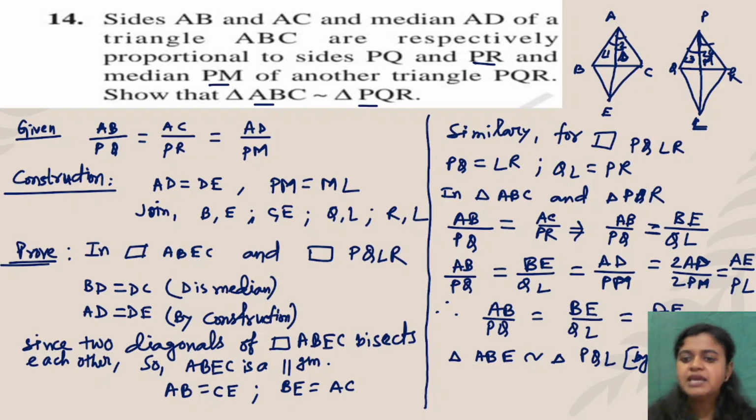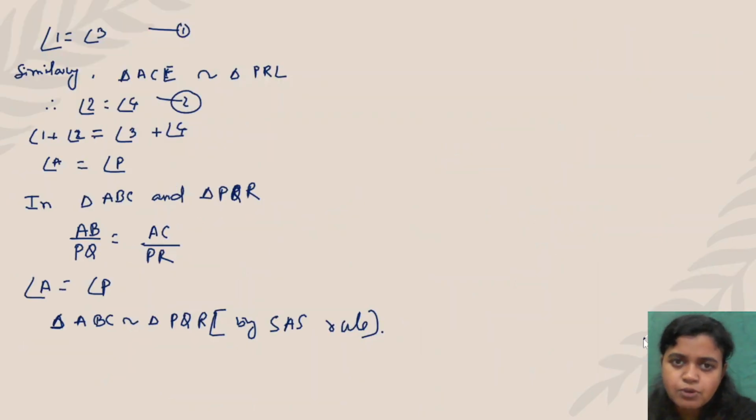So we have proved triangle ABE, sorry, it will be E, and triangle PQL, it will be L, not R. So triangle ABE is similar to triangle PQL by the SSS rule, as all the sides are proportional.